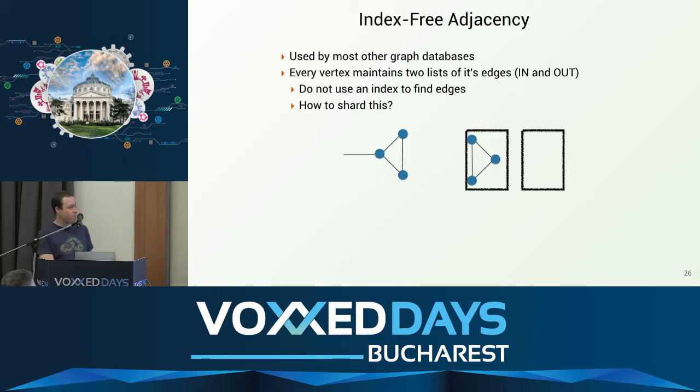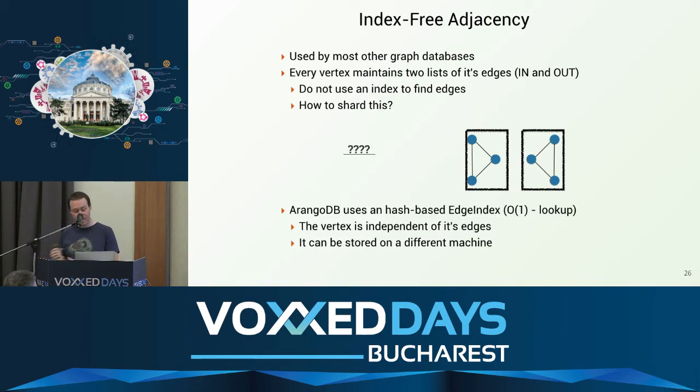I can just put the left part on the left server, the right part on the right server, so taking into account the overall layout of the graph to improve the locality of my algorithm. But the thing is, where do I store this edge? Is it left or is it right? Probably both, but then again the connected vertex is not located at the edge. That is actually a problem. As ArangoDB uses the hash-based edge index, which has constant time lookup, I can actually store the edge on the left-hand side or on the right-hand side, and the other one just has to request it somewhere.